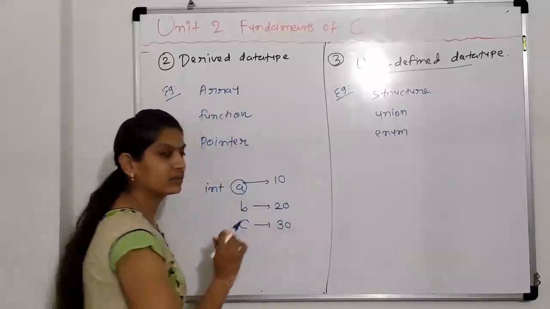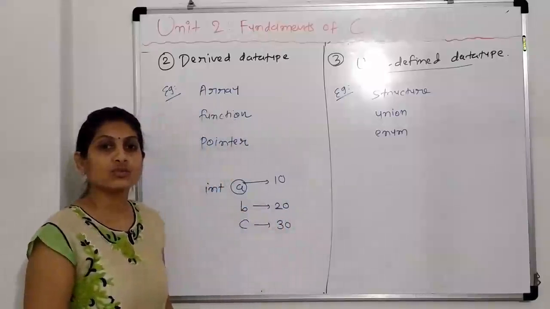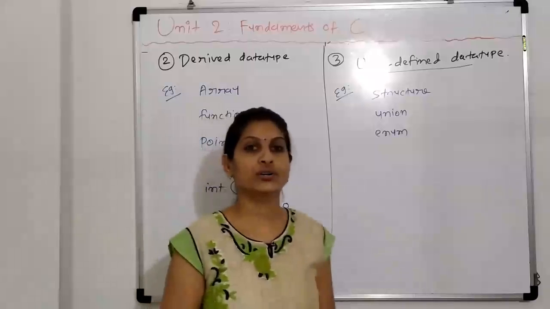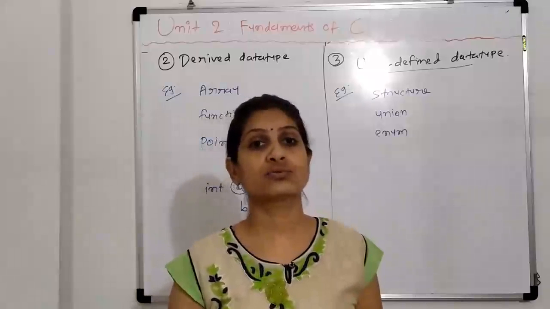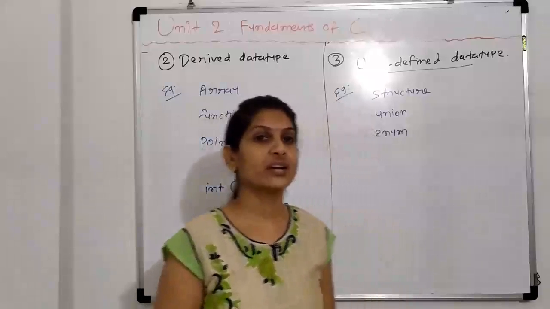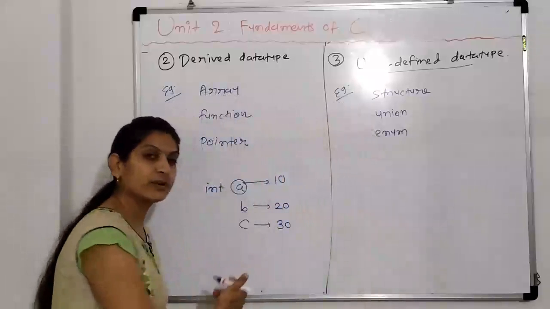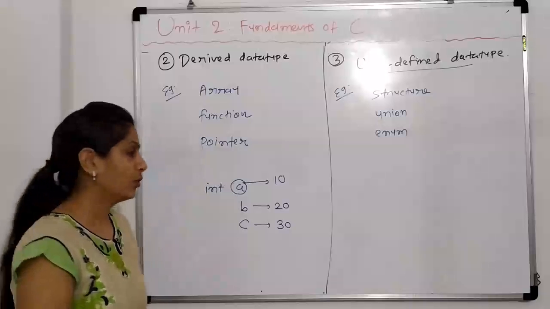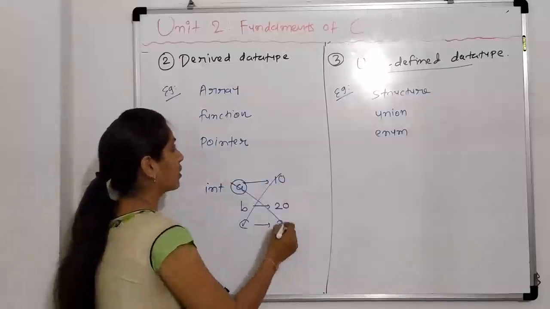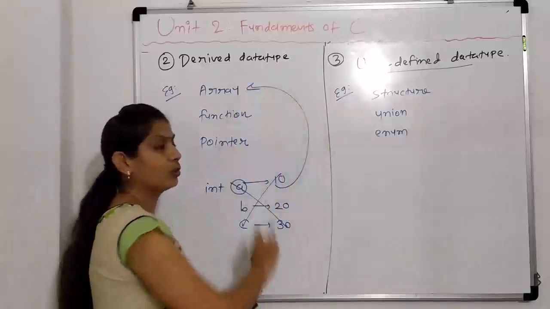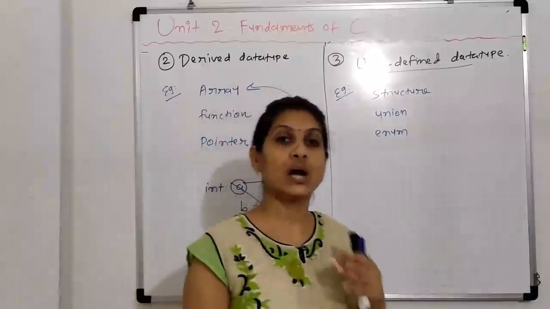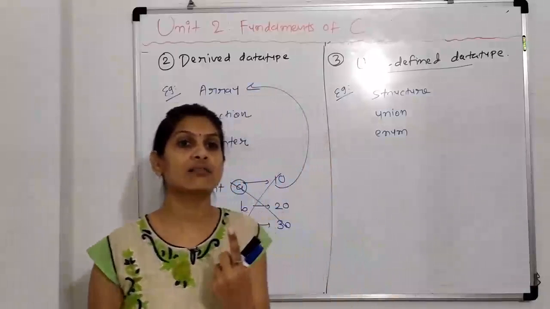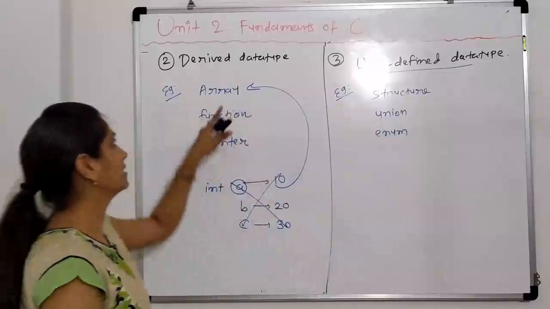So suppose you want to store 100 values, then you have to write 100 different variables. Yes or no? No. It is possible to store hundreds of values, thousands of values in a single variable using an array.